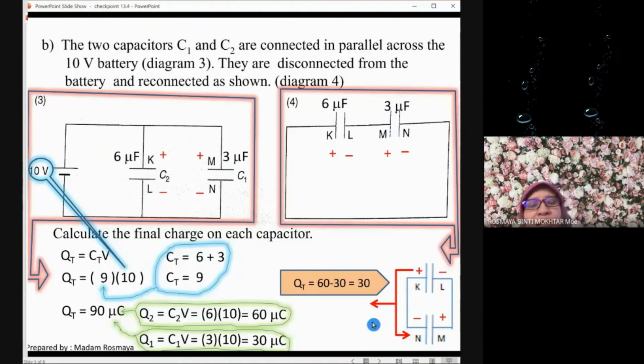So the total charge is no longer 90 microcoulomb, but only 30. That is why the arrangement of the terminals is very important. So after you get the total charge, it's not 90, it's 30. Be careful, always check the terminal of the capacitor when you want to connect it.